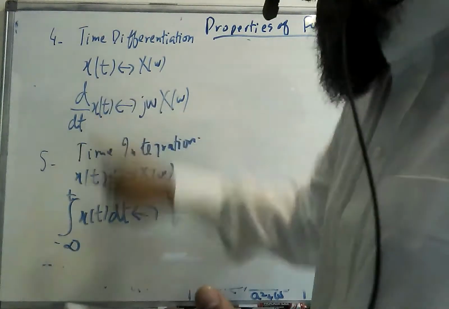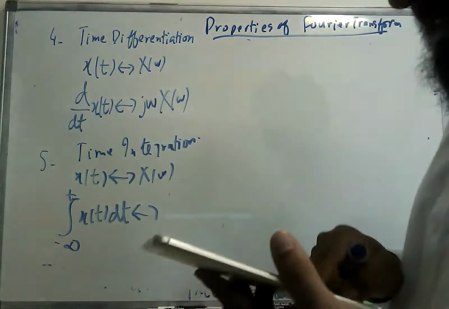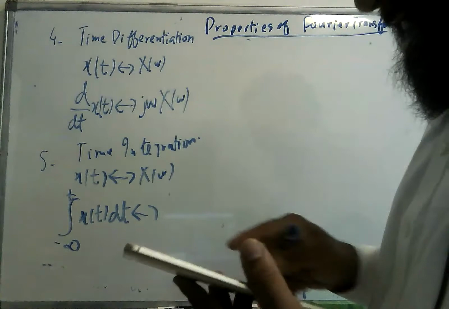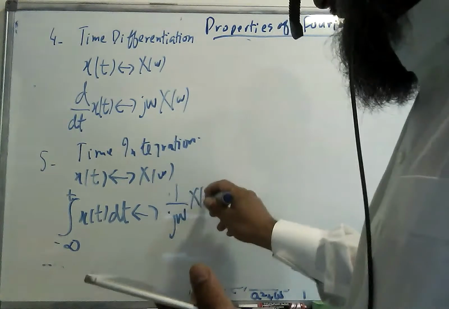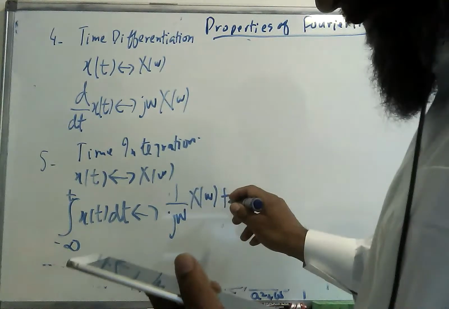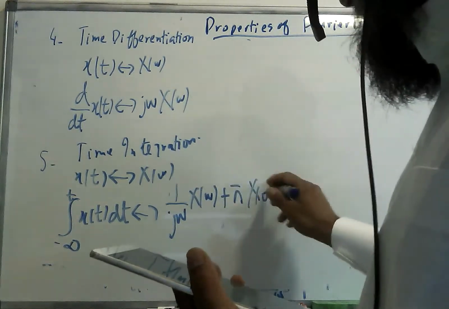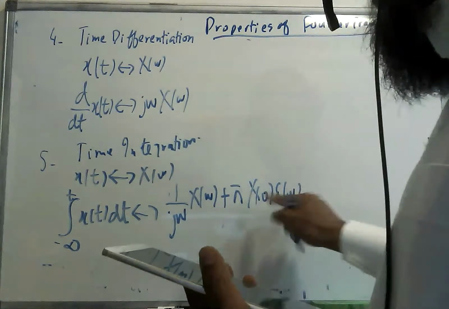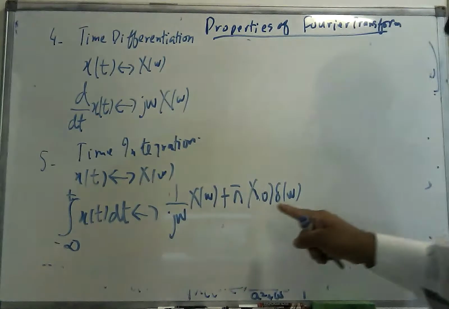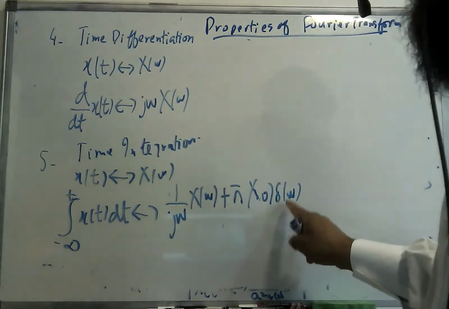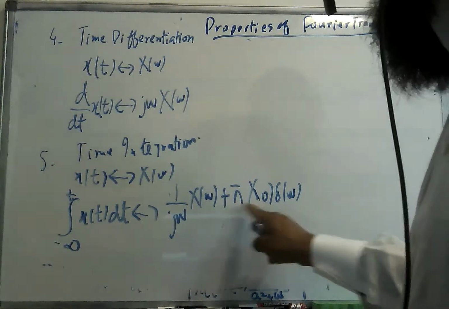So if we integrate it, it will be just divided by j omega. So it will be 1 over j omega X of omega, plus a constant, which is pi x of 0 delta of omega.